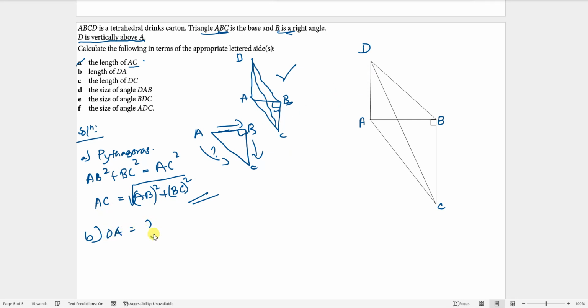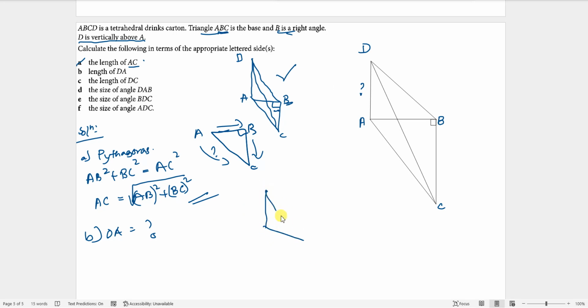This is the one we have to find. We already know what AC is, so we can use this right angle triangle. So let's draw it. Line straight down and here.